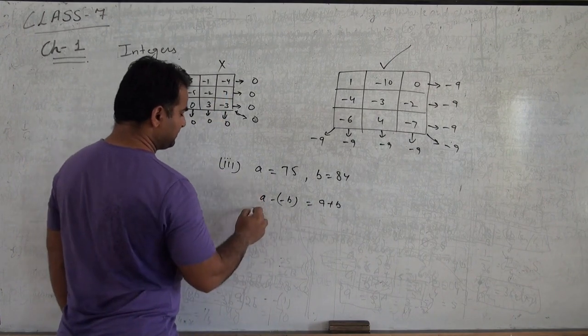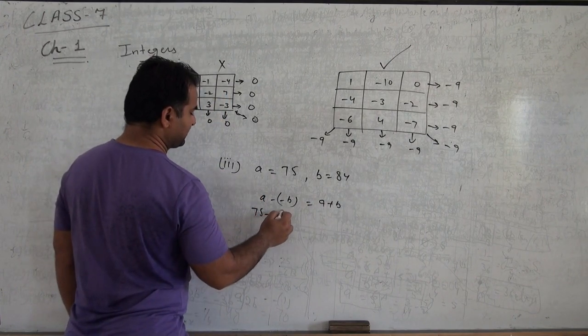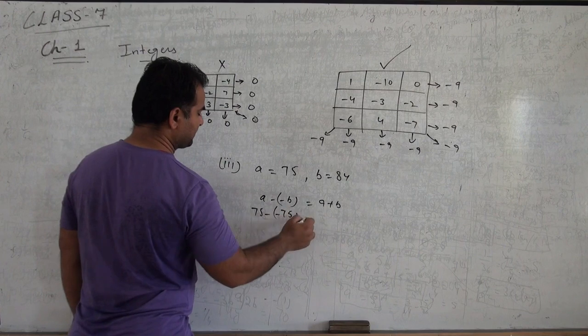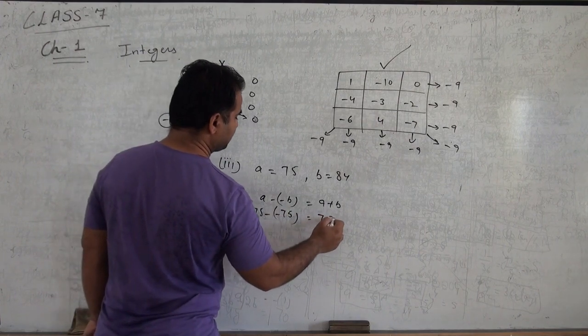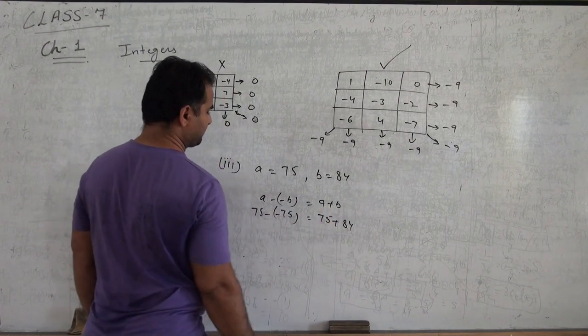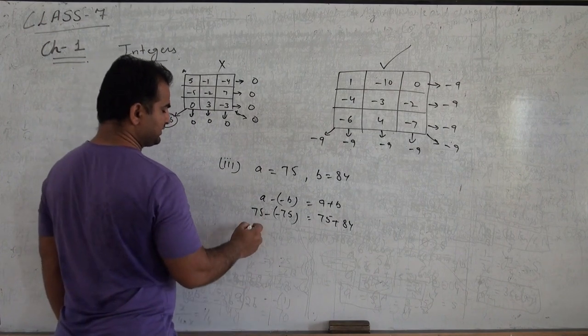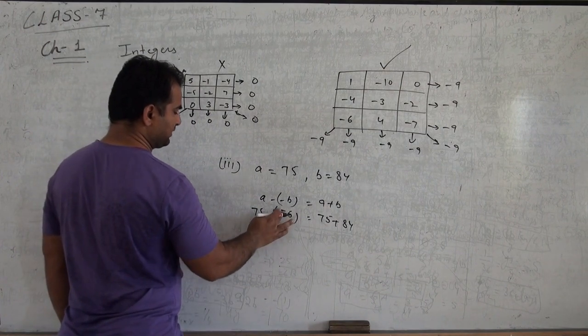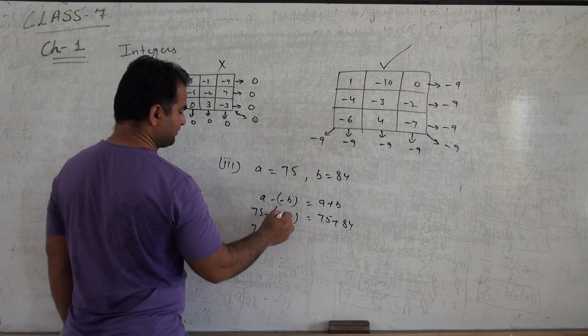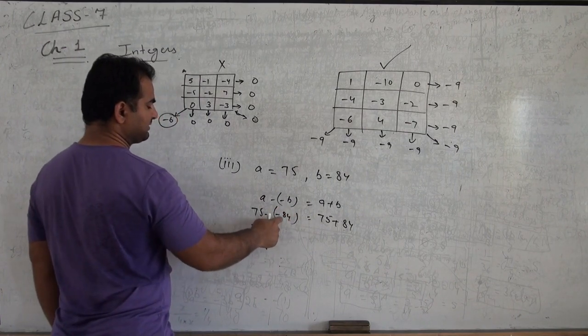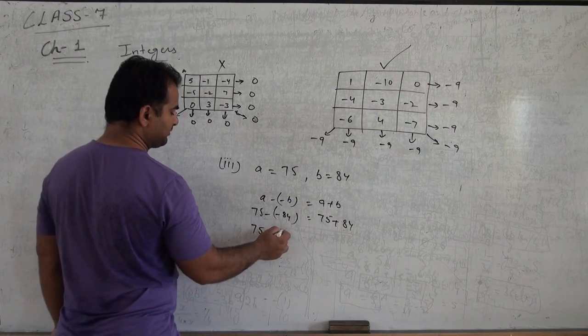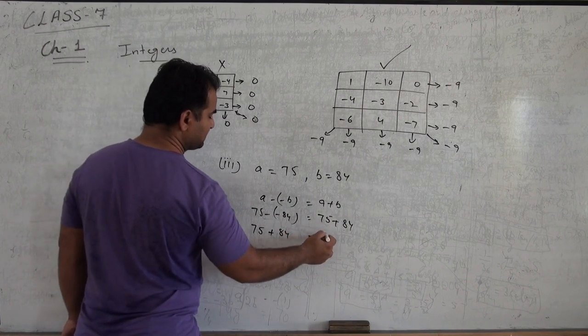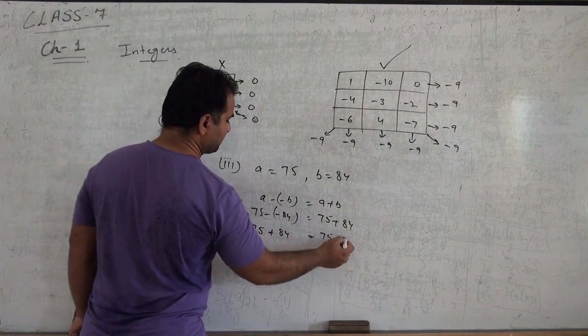What is the value of A? 75 minus 75 equals 75 plus 84. Sorry, the value of B was 84. So minus 84 and plus 84.